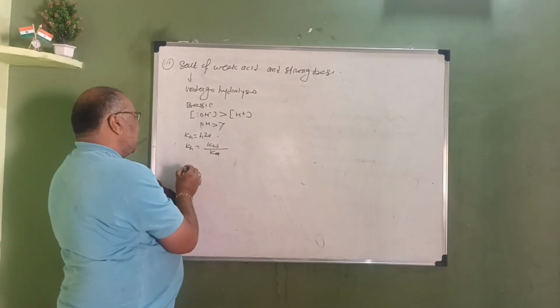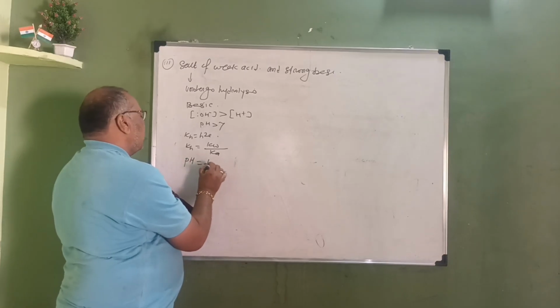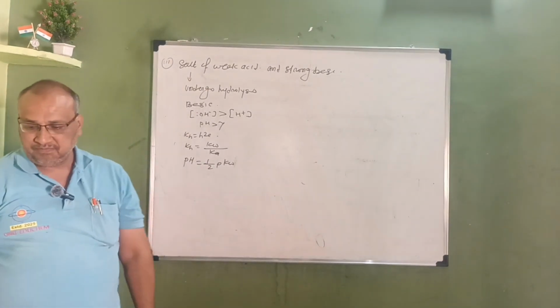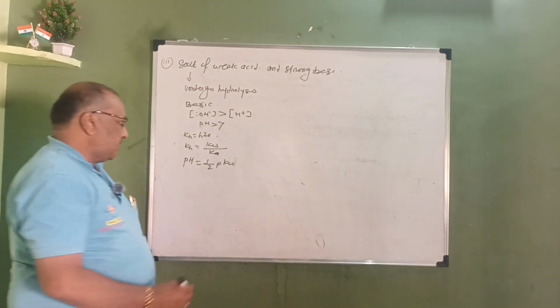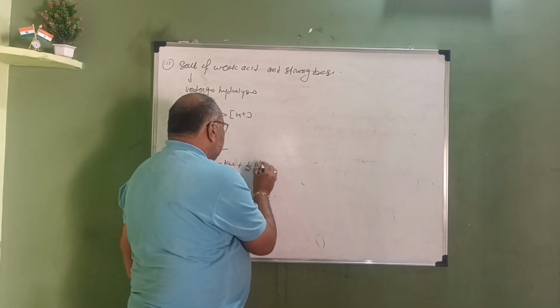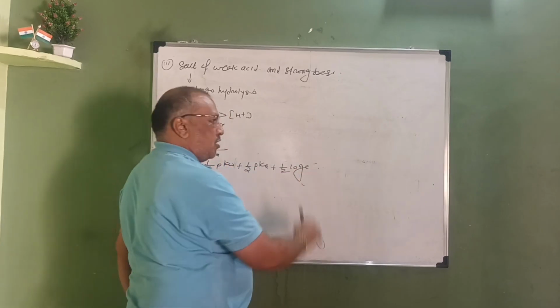And finally write down pH is equal to half of pKw plus half of pKa plus half of log C.